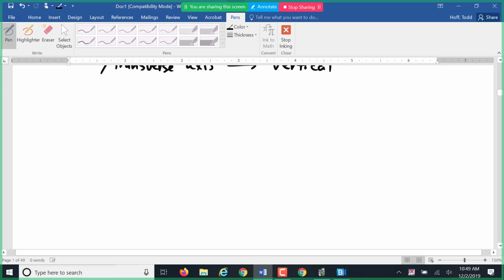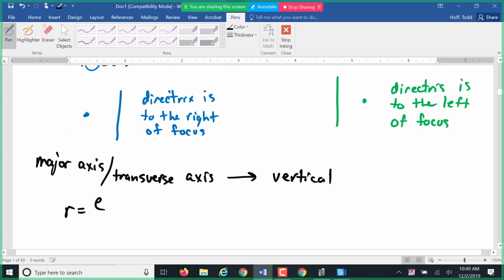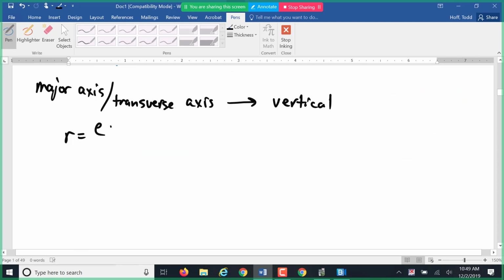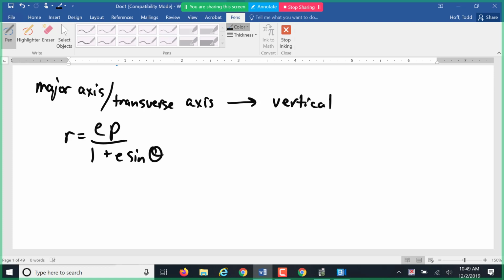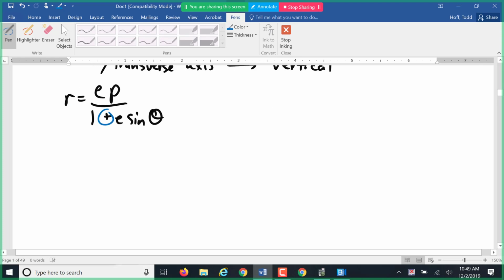So that formula could be r equals e p over 1 plus e sine theta. Again, that's a plus. So that's telling us that the directrix is on the positive side of the focus. Directrix is above the focus.